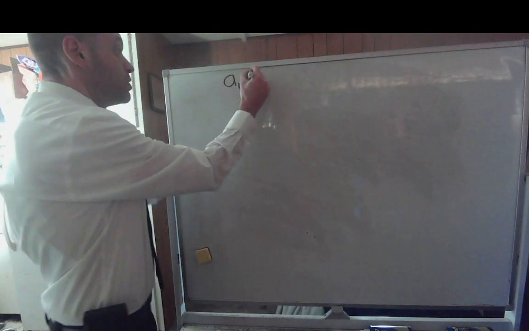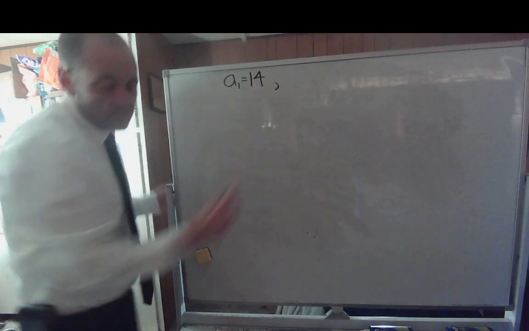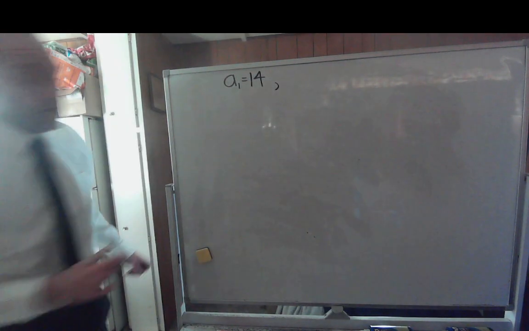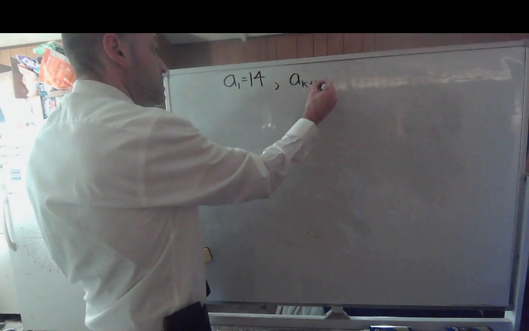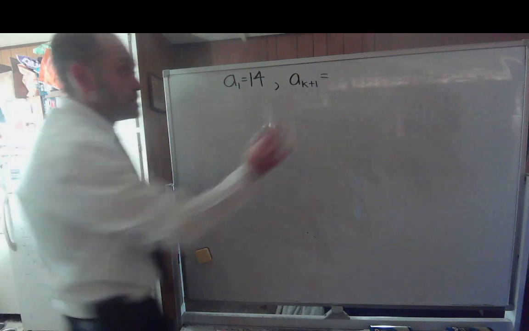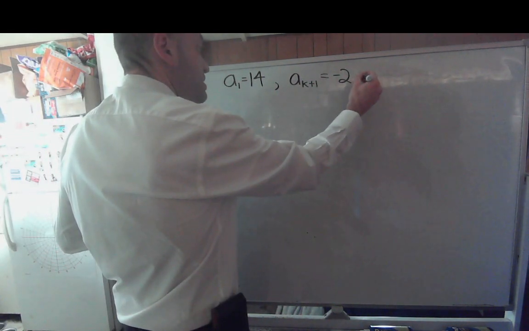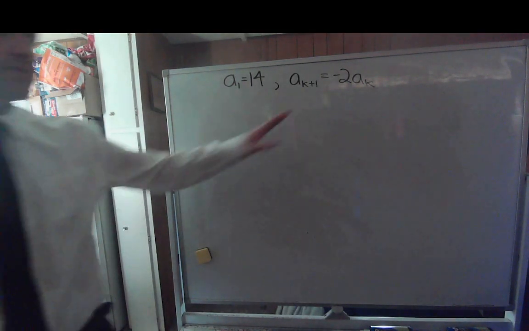So a sub 1 equals 14. A sub k plus 1 equals negative 2 times a sub k. That's another example of a recursive formula.